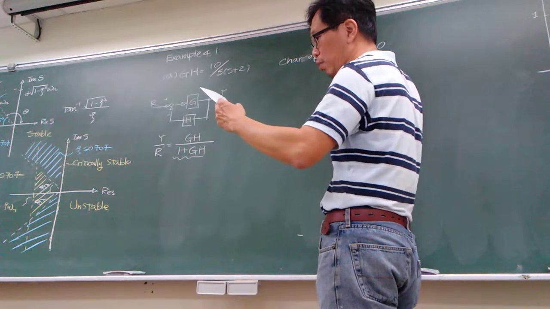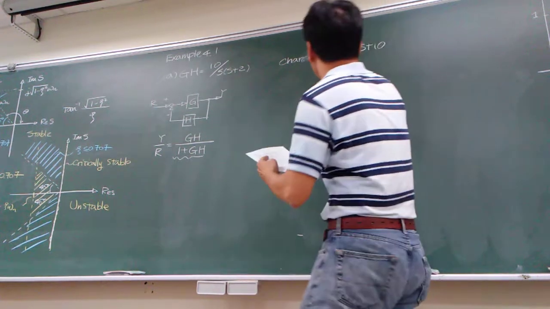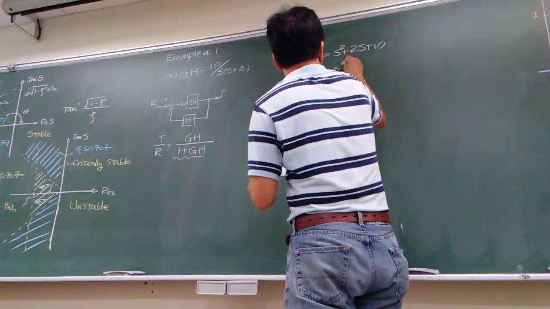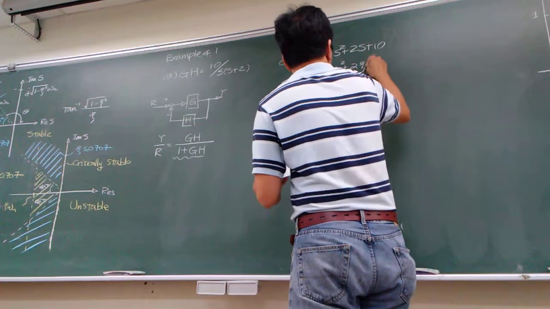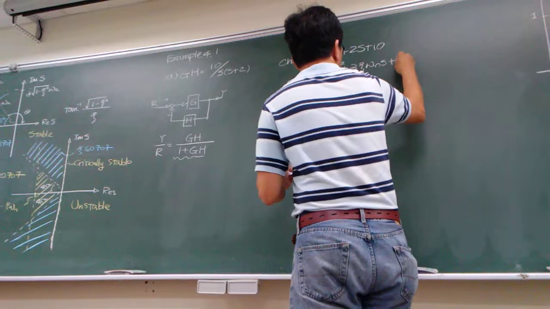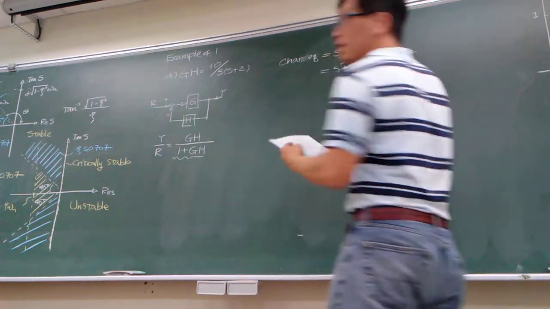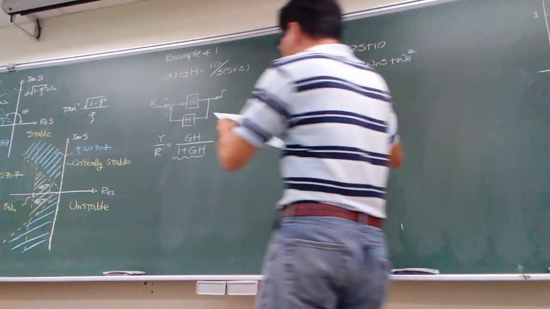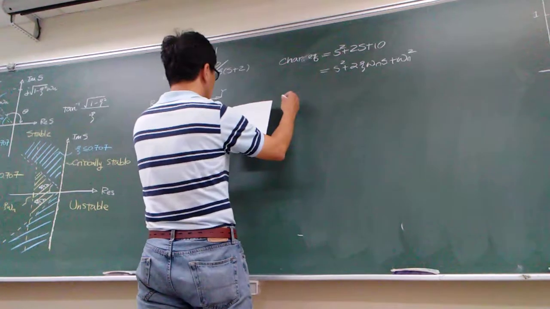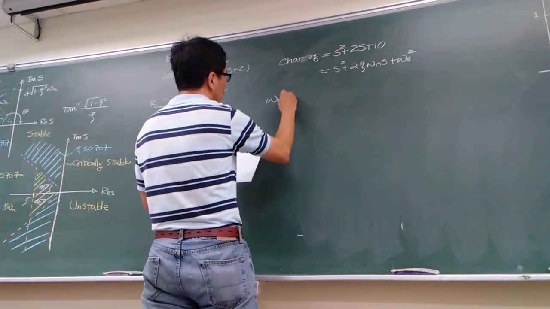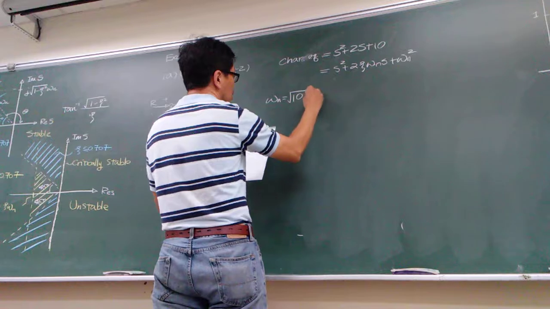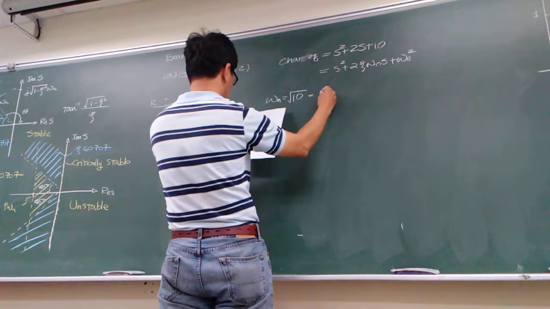So when we have this one over here, we start to do the calculation. With this one, my omega n is going to be the square root of 10.